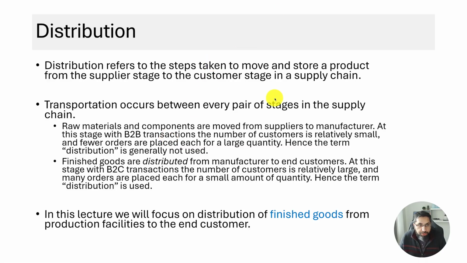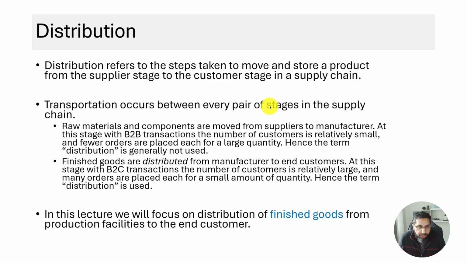So what is distribution? Distribution refers to the steps taken to move and store a product from the supplier stage to the customer stage in a supply chain. Now, transportation occurs between every pair of stages in the supply chain, but sometimes we call it transportation and sometimes we call it distribution.